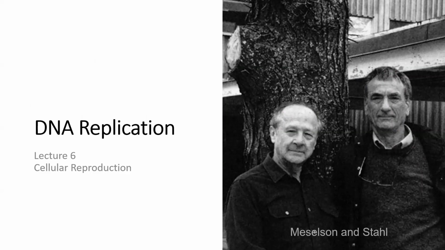And every time we need to copy ourselves, we need to copy the DNA. So how was it done? Well, there were three proposed models at the time of how this actually happens. And these people, Meselson and Stahl, did an experiment to show which of the three models was correct.